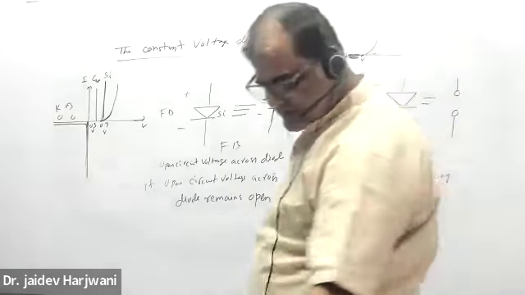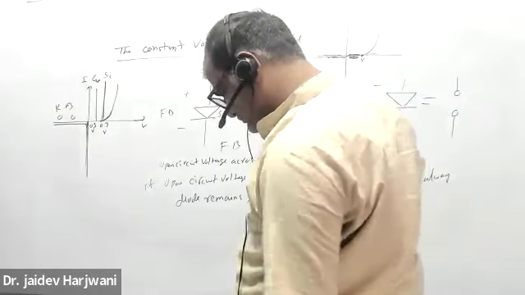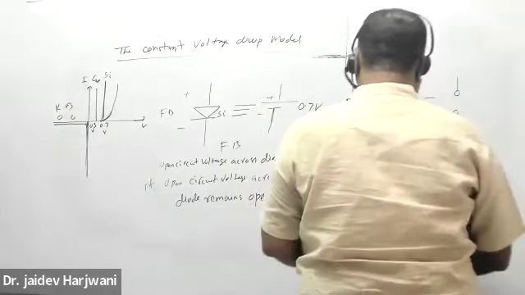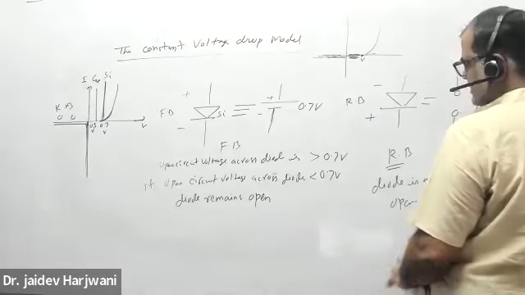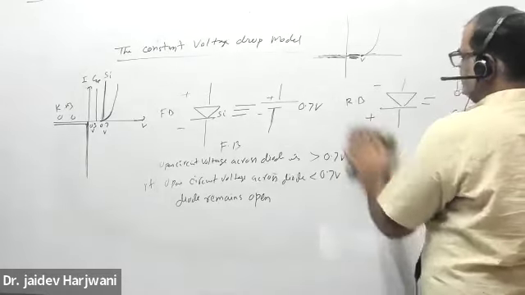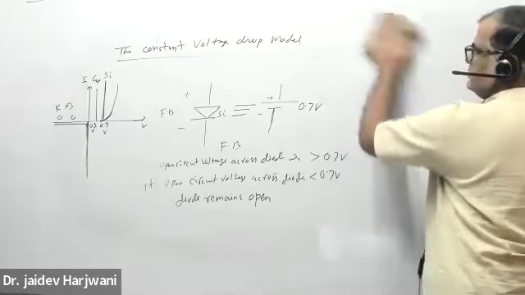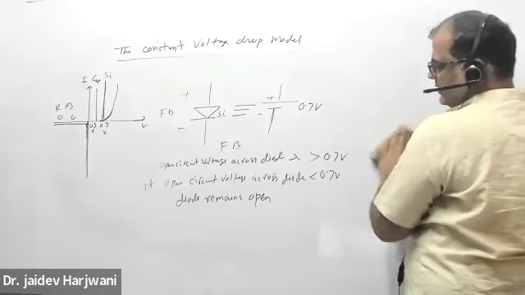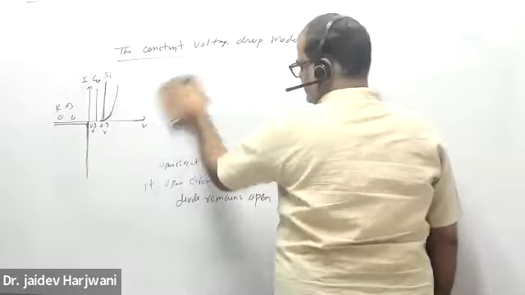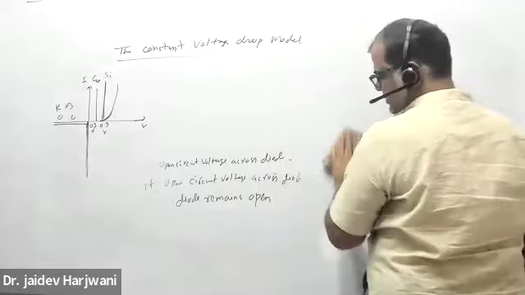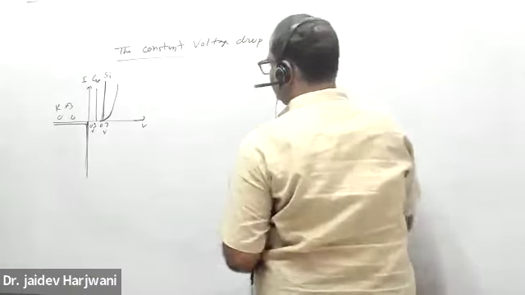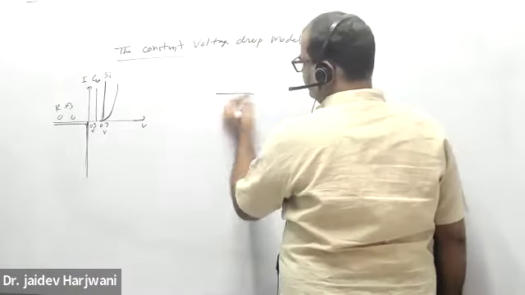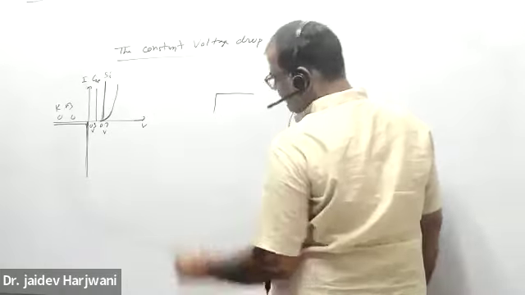So the curves are approximated. Okay, let us understand with some examples. Say I have a 5 volt battery.